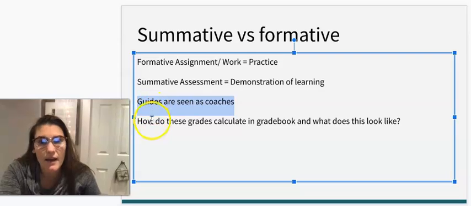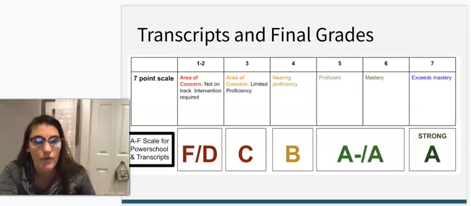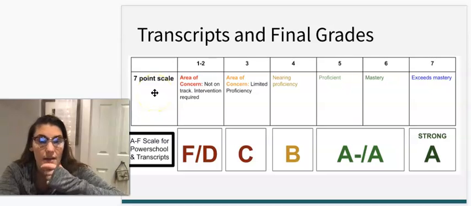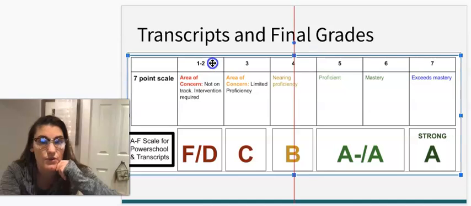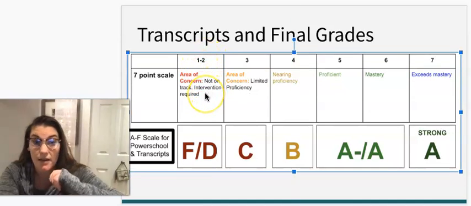So with that in mind, how do grades calculate into the gradebook and what does it look like? A reminder of our grading scale: it's a 7-point scale. If your student is getting 1s and 2s, that's an area of concern. They're not on track.